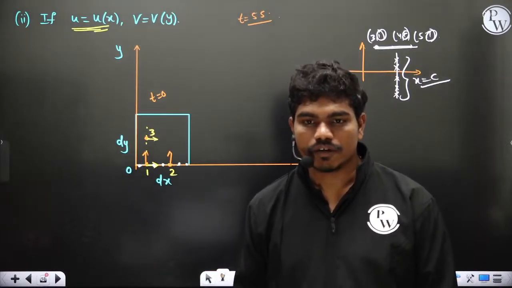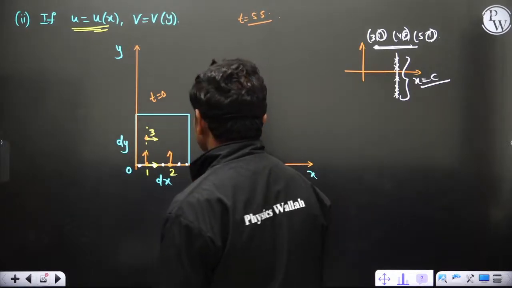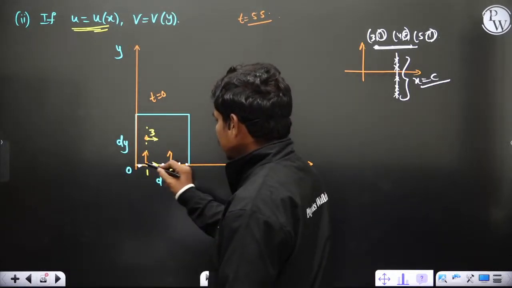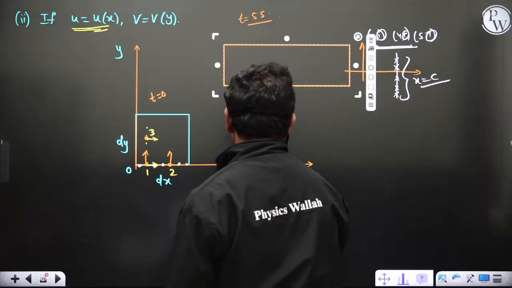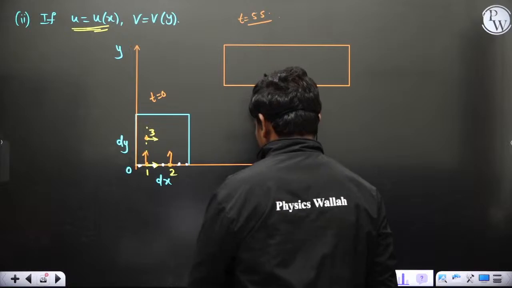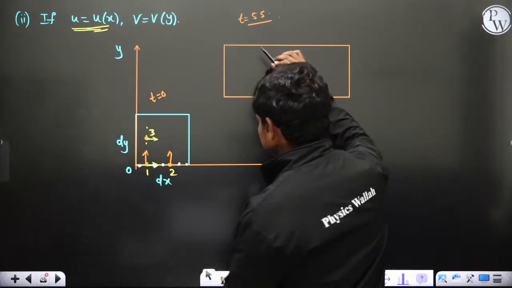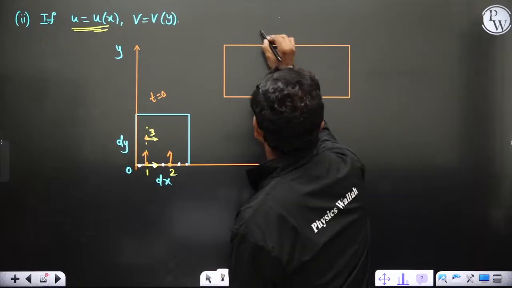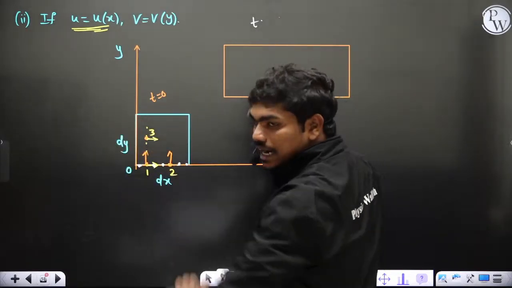Clear? Now, if that's the motion, then in a given time, let us suppose this edge has traveled like this and here. I'm erasing these parts, you might have understood. So in a time t, for example t is equal to 5 seconds, or some time t, this fluid element will get stretched in x and y directions, okay?